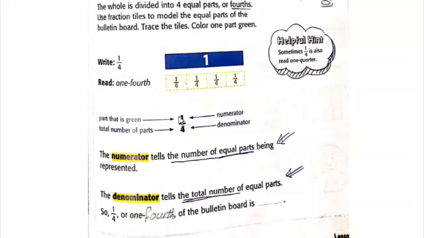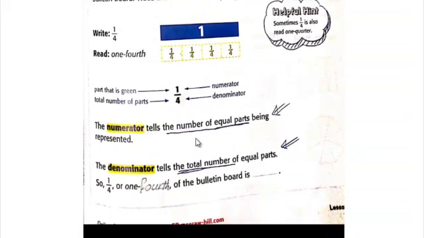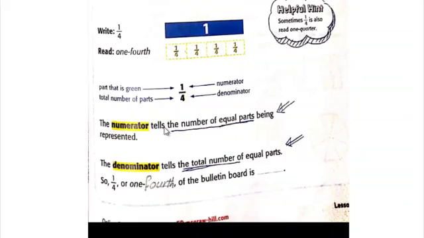Here, one part that is green is called the numerator. Down, the total number of parts is called the denominator.